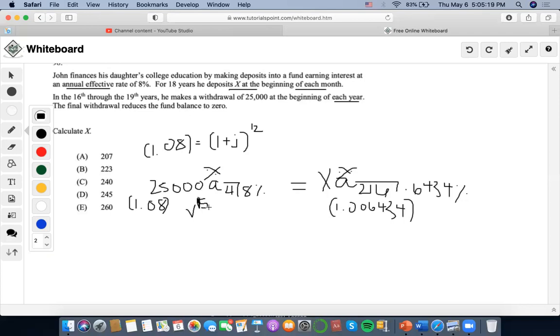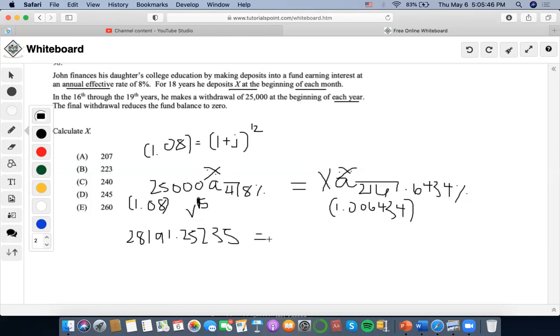Now I'm going to discount that by 15 years by using the 8% effective. That's going to be 28,192.35.